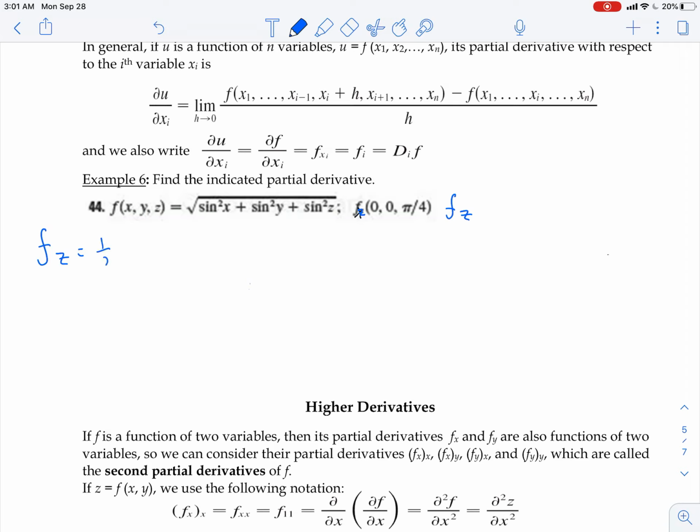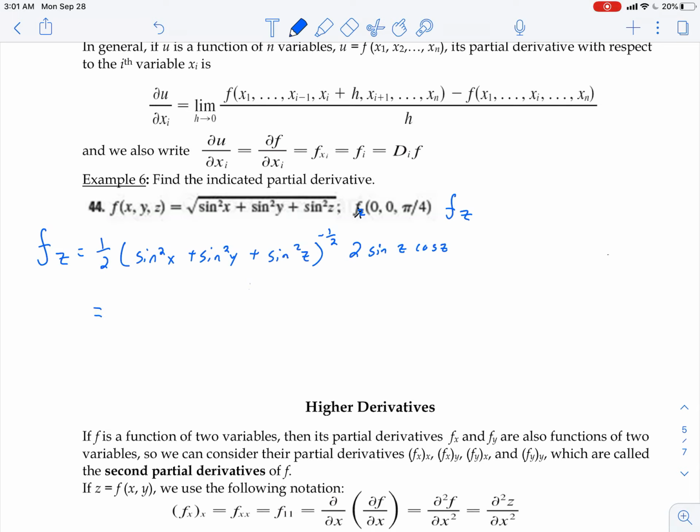If we're taking the partial derivative with respect to z, we're going to get 1/2 times sine squared x plus sine squared y plus sine squared z, raised to the negative 1/2, times the derivative of sine squared z, which is 2 sine z cosine z.